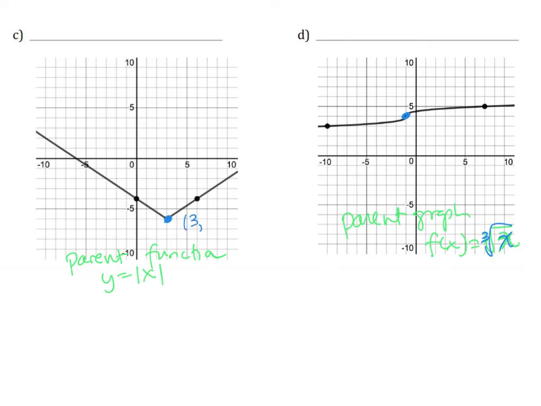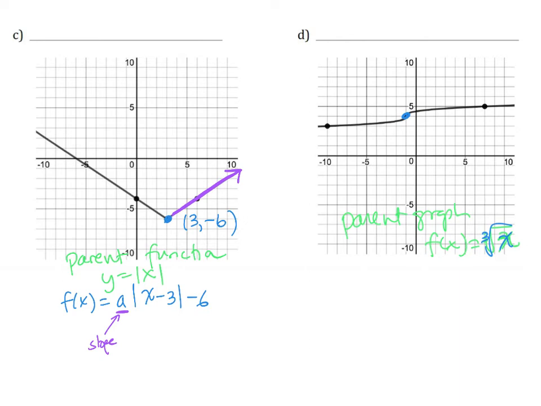Okay, so I go to the right 3, down 6, so that's my vertex. So I'm going to say, okay, I have my stretch value of a, it goes to the right 3 and down 6. So that's the first thing I start with. Then if I focus on the right-hand side of the graph only, I just look at the slope, and the a value is the slope.